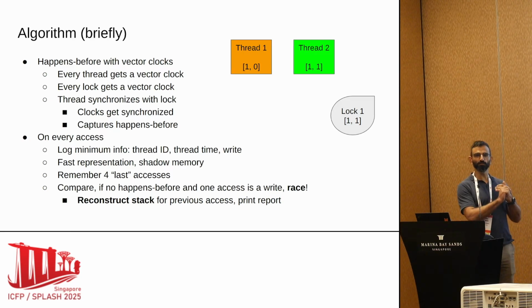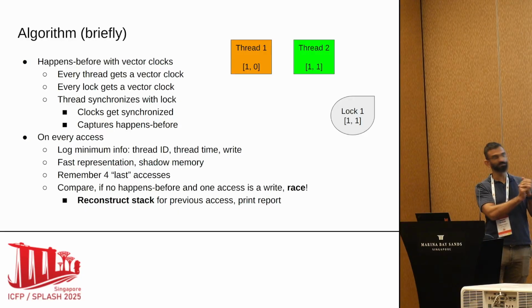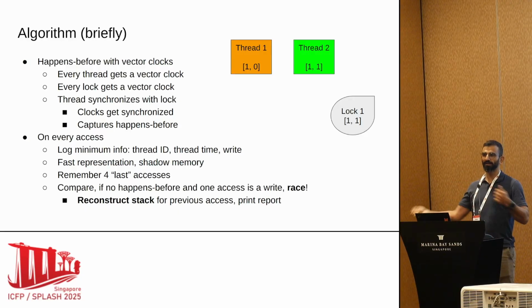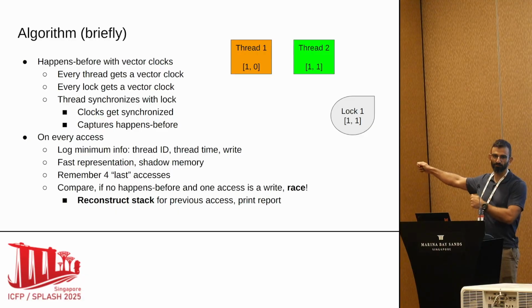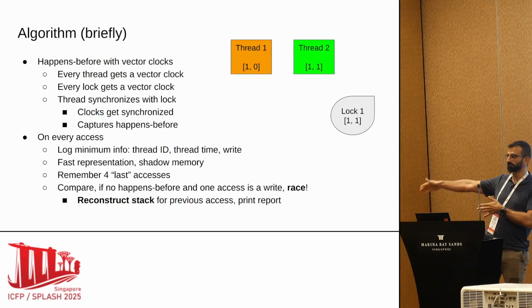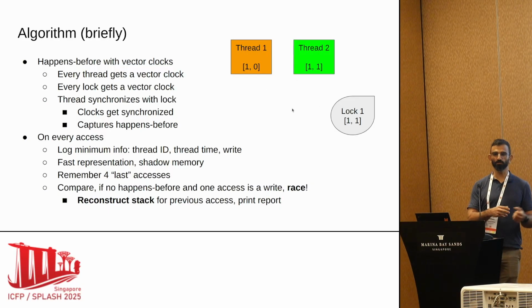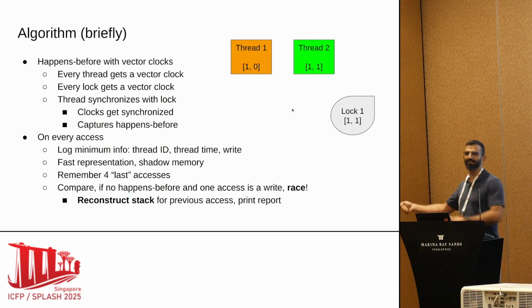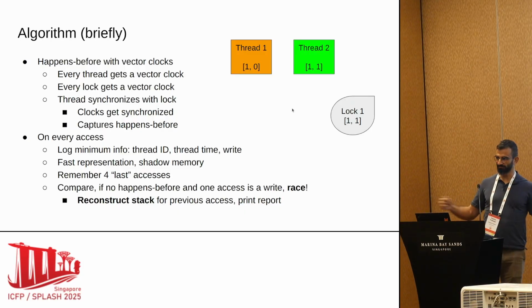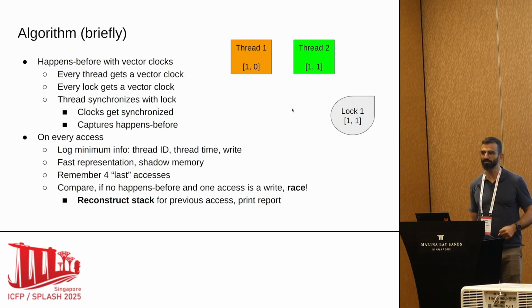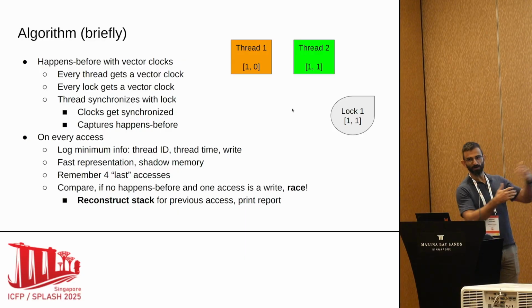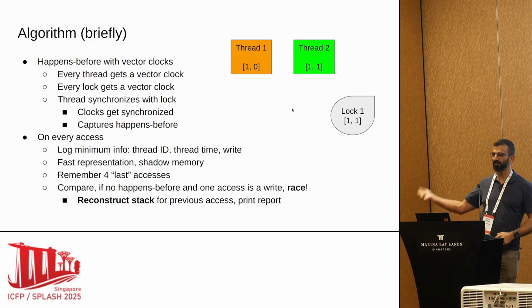And then with this information, every time there's a subsequent access, you can compare with the last accesses that you've logged and figure out, oh, there's somebody that has not happened before me, so it could happen in parallel. The clocks are not necessarily larger or necessarily smaller from each other, and thus these two accesses can race, and so you can flag a race warning.